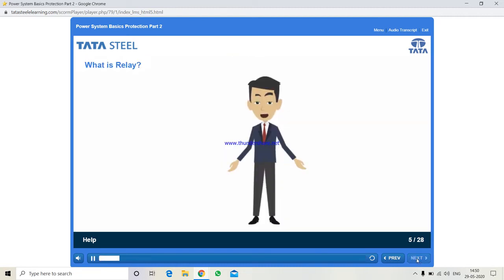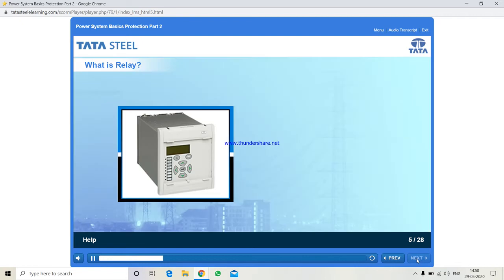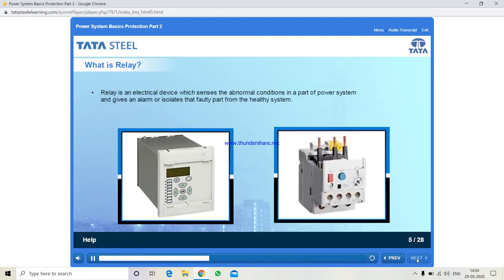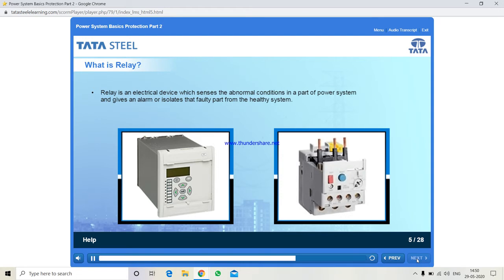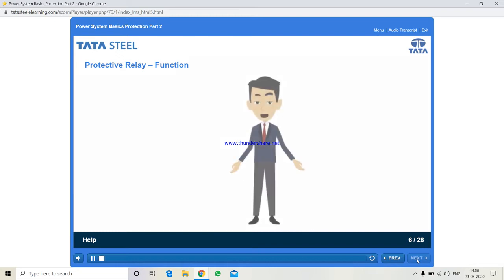Let us begin by understanding what a relay is. A relay is an electrical device which senses abnormal conditions in a part of the power system and gives an alarm or isolates that faulty part from the healthy system. So what does a relay do?